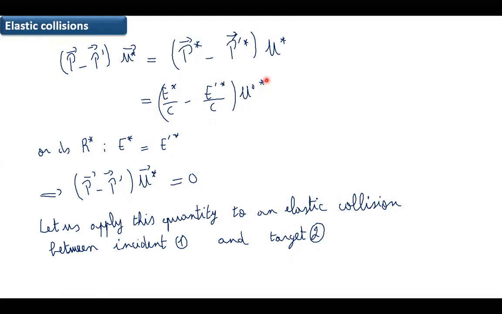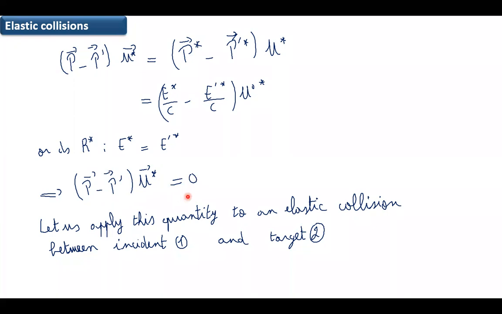We found previously that in R star, the particle conserves its energy, so the energy is invariant in R star for the same particle. So E star is equal to E prime star, and this entire equation is equal to 0. So you always have P minus P prime times U star equals 0.